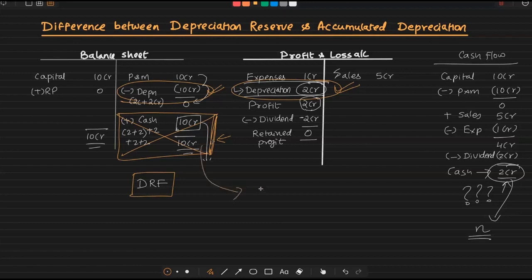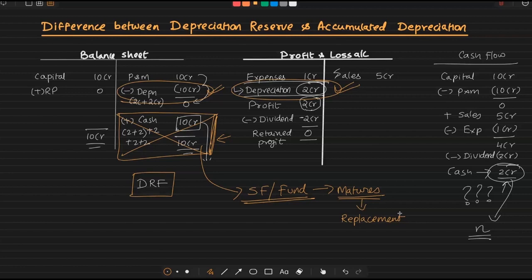Rather, they will invest in a kind of sinking fund or some other investment, such that it matures when the old plant and machinery or the asset retires, and that maturity amount will be available for replacement. Are you getting me? So it's in this aspect that depreciation reserve and accumulated depreciation differ.